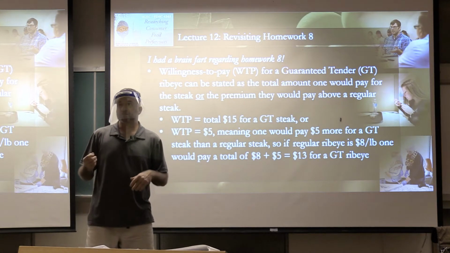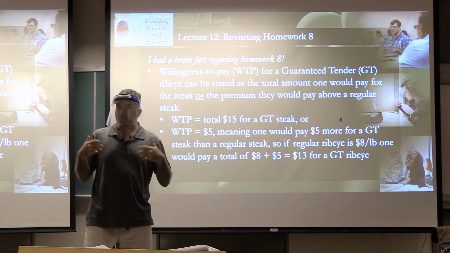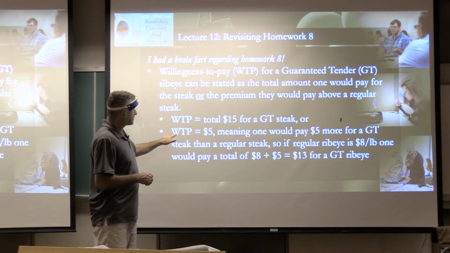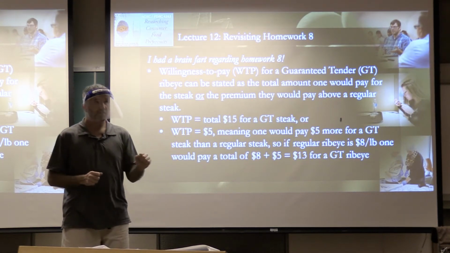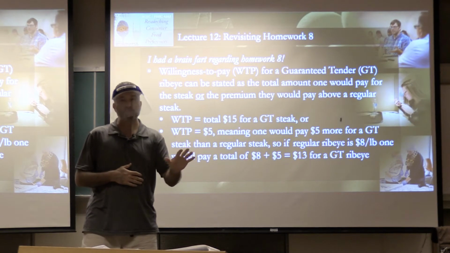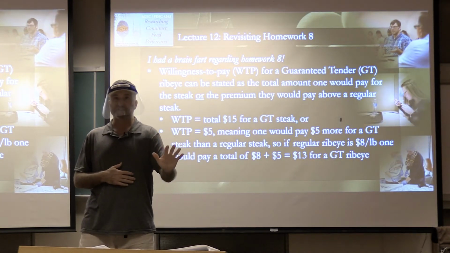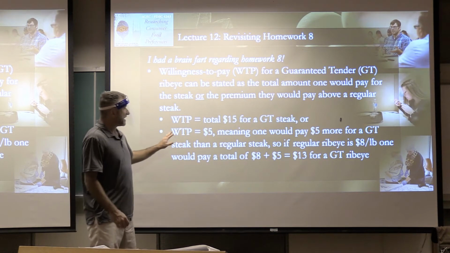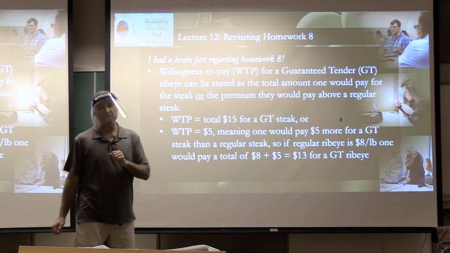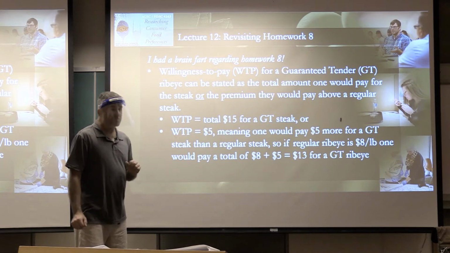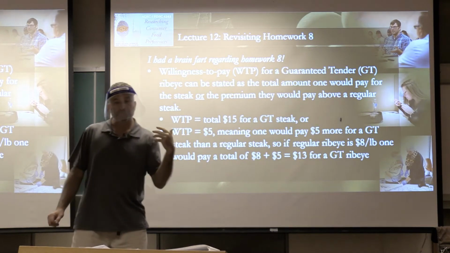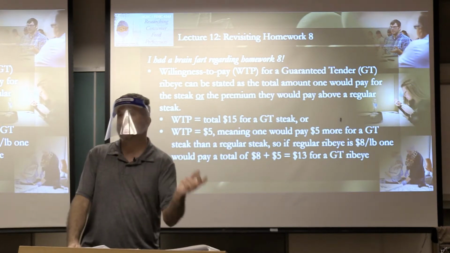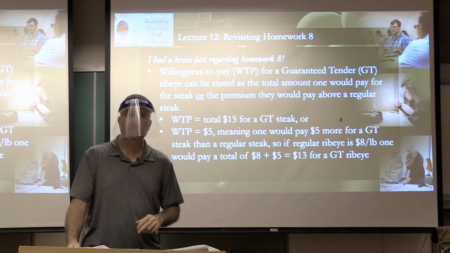And then there's the willingness to pay as a premium, meaning how much more. So maybe in another measure, we say the willingness to pay is 5, meaning they're willing to pay $5 more and no more for a guaranteed tender steak than a regular steak, which means that if a regular ribeye was selling for $8 per pound and the premium willingness to pay was $5, then the maximum they would pay for that guaranteed tender steak is then $13.